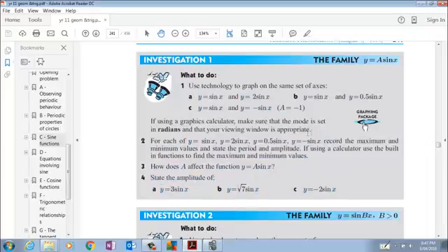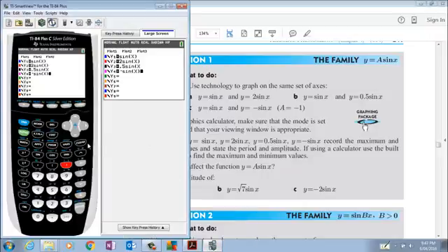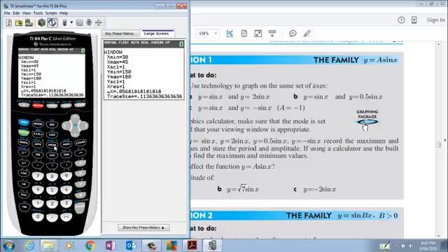Now, an appropriate viewing window would be so that we can see a complete cycle, and that would be a revolution from 0 to 2 pi is a complete cycle. So what we could do is set up the window range, and we're going to go from 0 up to 2 pi.